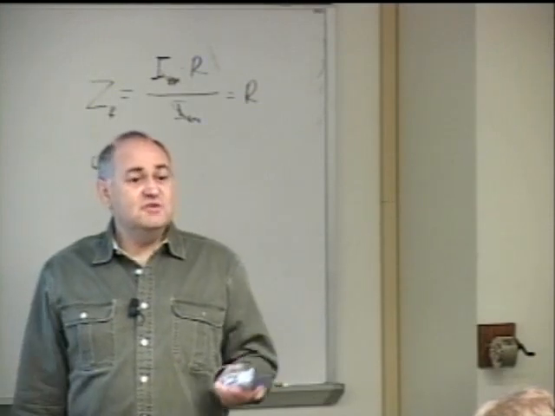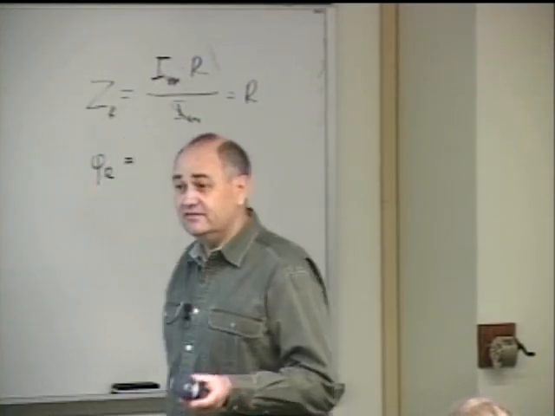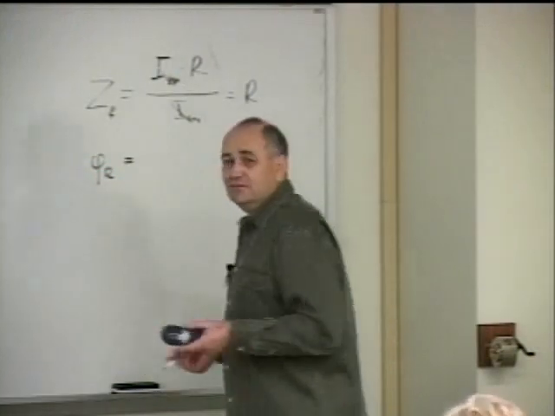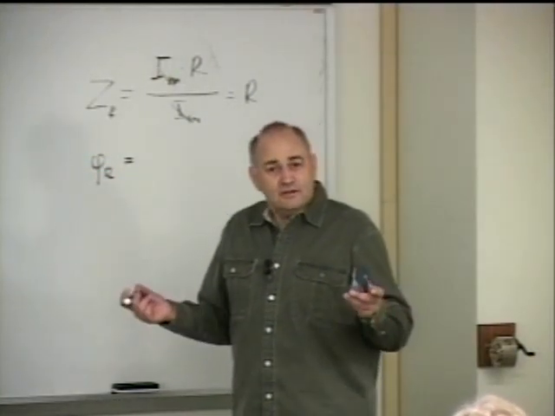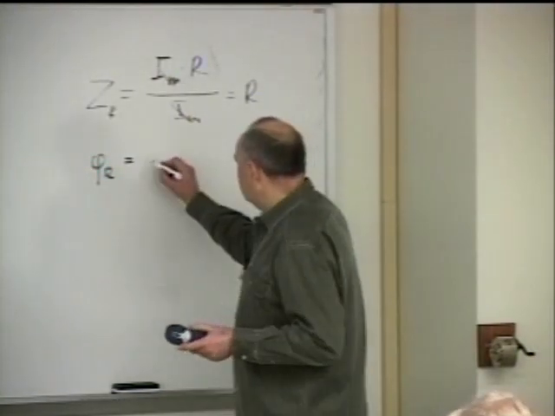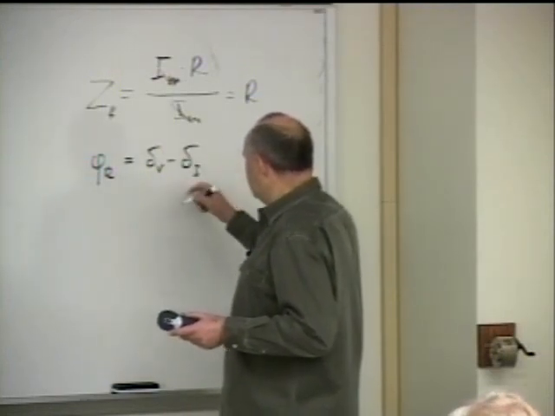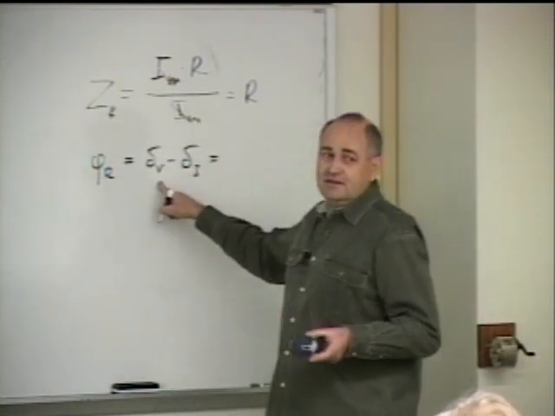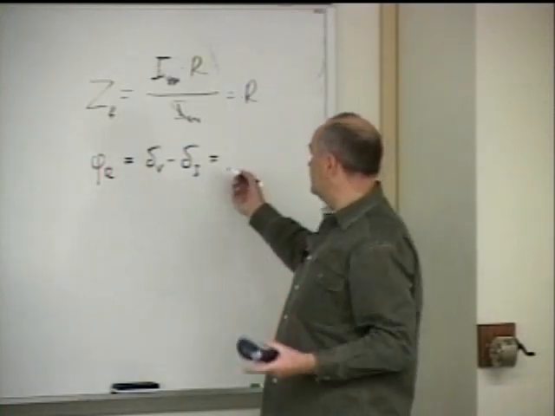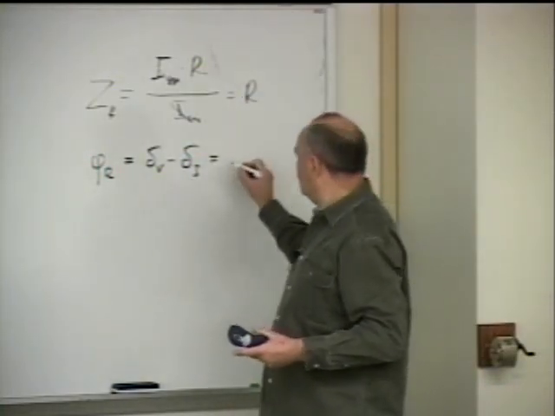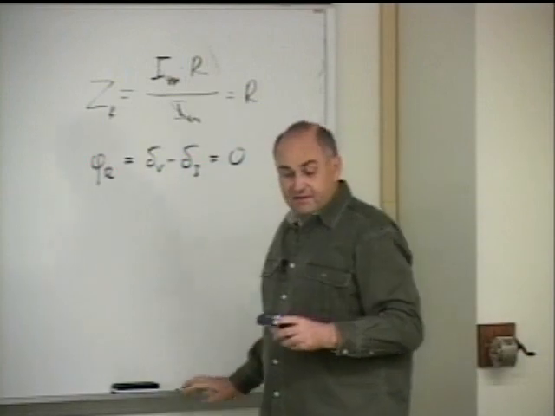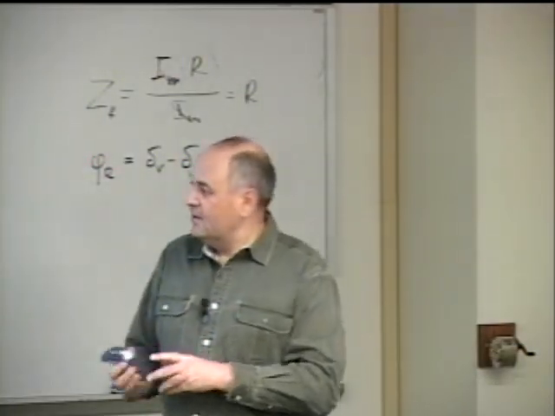Correct. It is the difference between the phase of the voltage and the phase of the current. We could also say that it is between initial phases. From the phase of the voltage, I have to subtract the initial phase of the current. And it happens that in a resistor they are equal. So it's 0. All right.